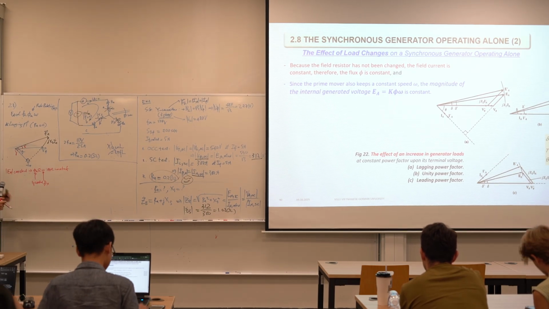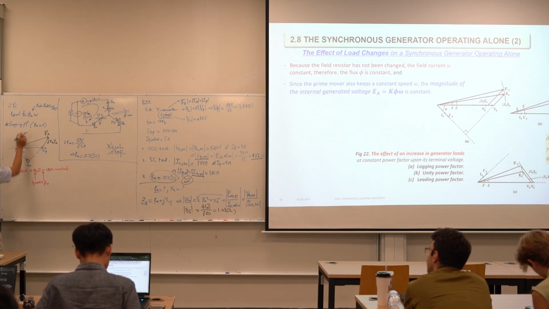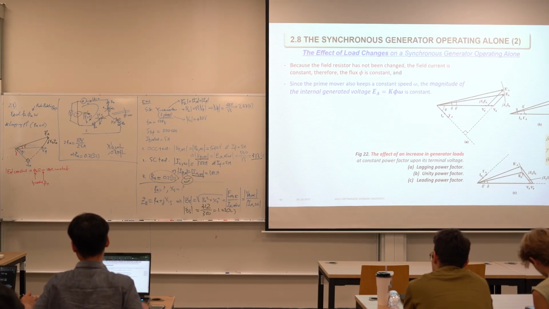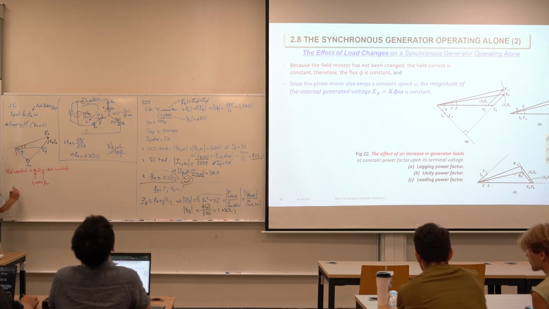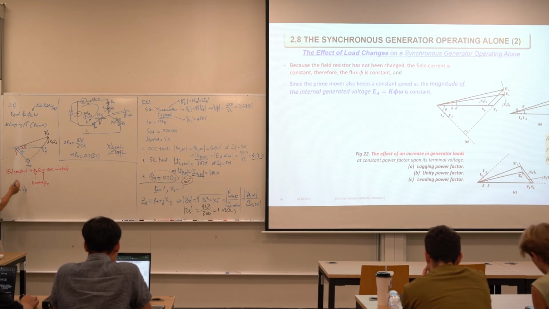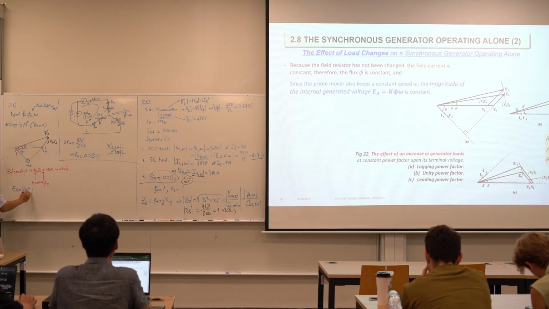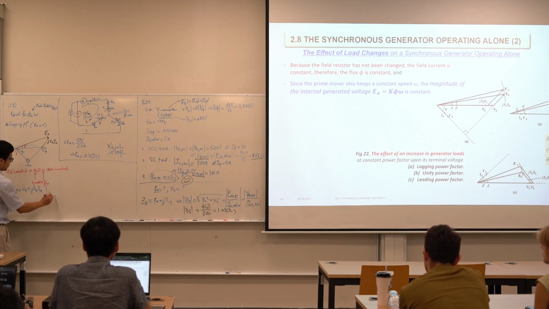Now we increase load. So for lagging, we have EA is V phase plus jXS IA because RA is 0, right?